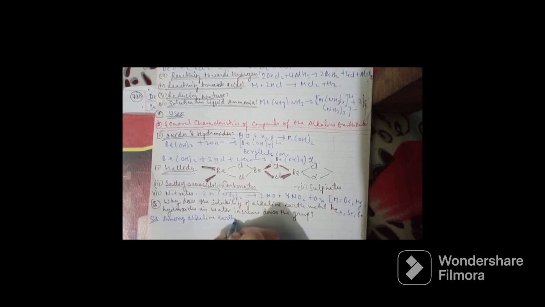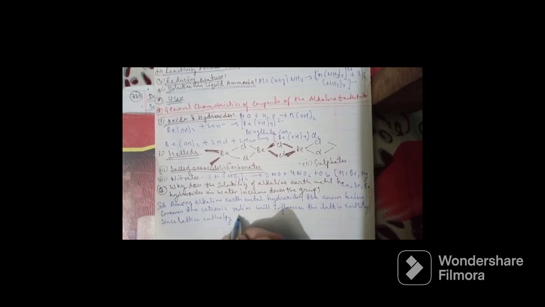Among alkaline earth metal hydroxides, the anion being common, the cationic radius will influence the lattice enthalpy.